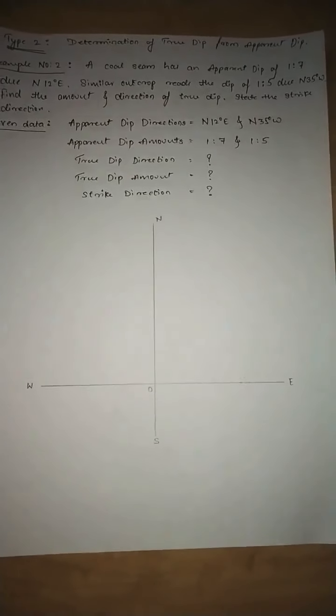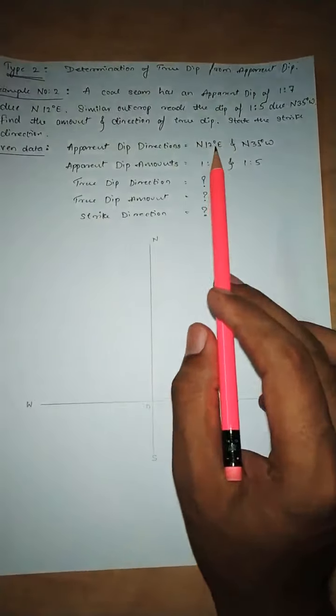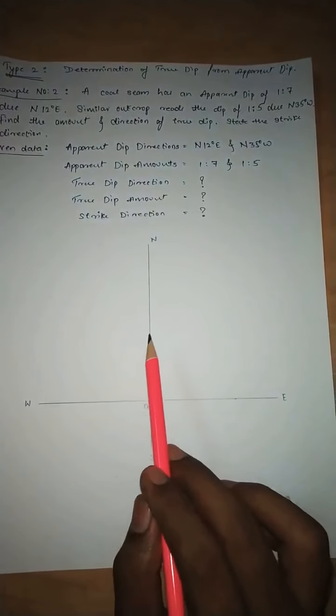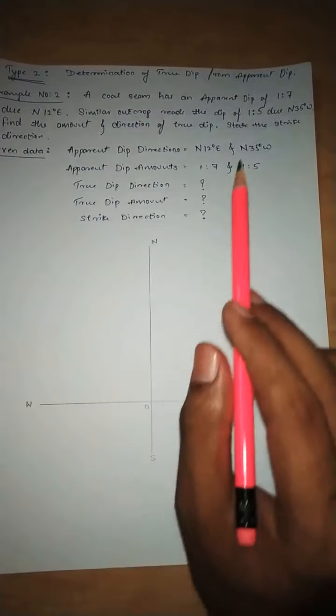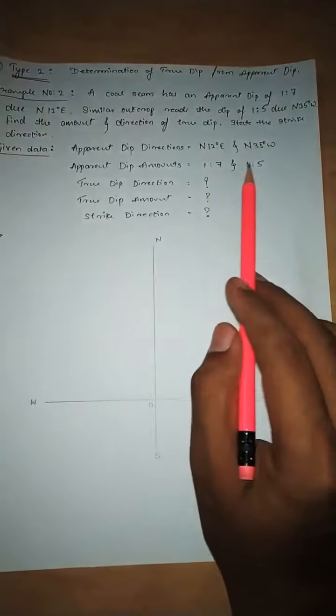Next step is we need to plot the apparent dip directions, that is north 12 degree east and north 35 degree west. We need to plot these two lines, and on those lines the apparent dip amounts are to be marked.